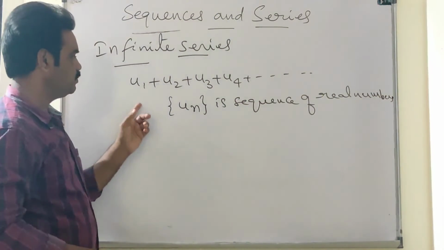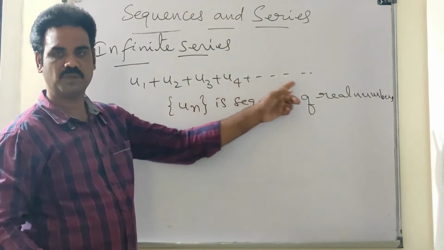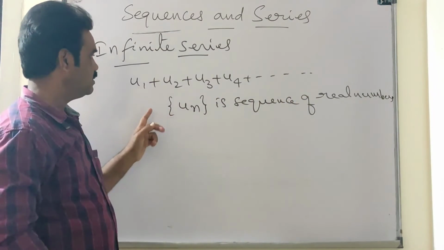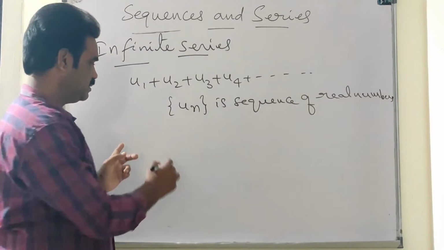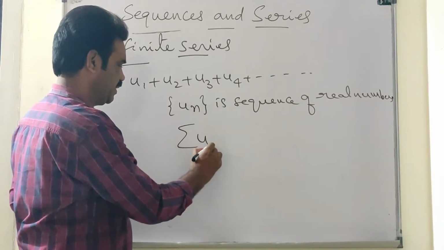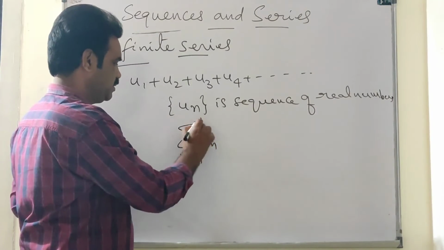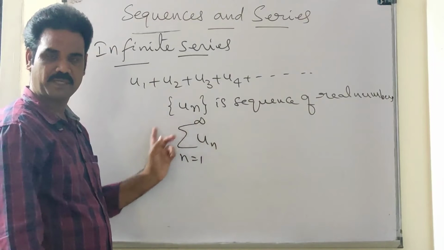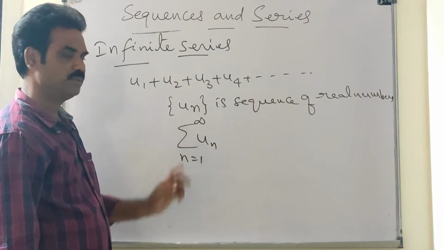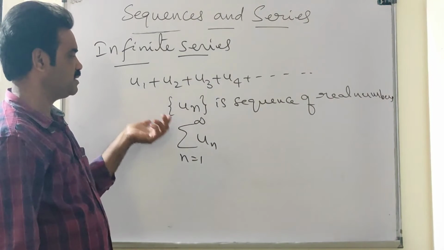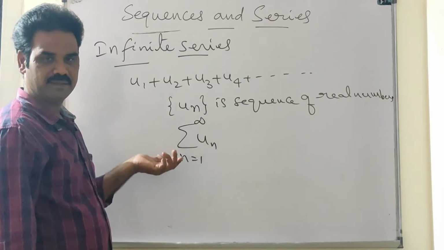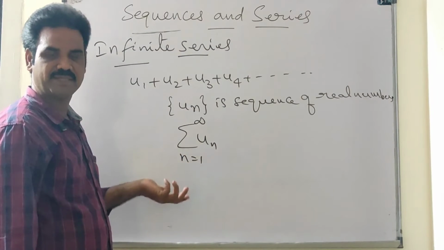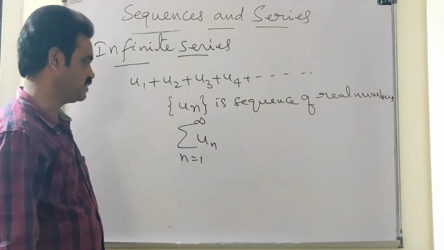It is denoted by sigma un, n is 1 to infinity. If the number of terms of this series is finite, then the series is called a finite series. Otherwise, it is an infinite series.